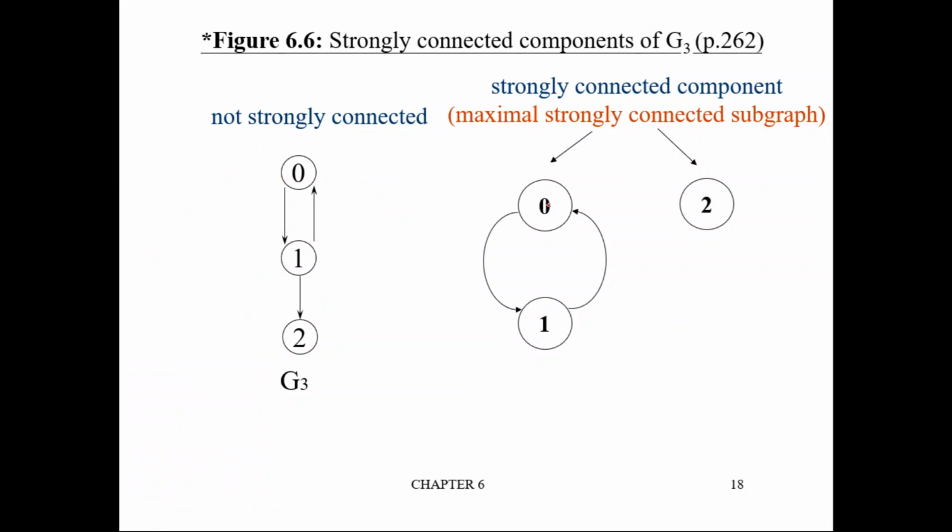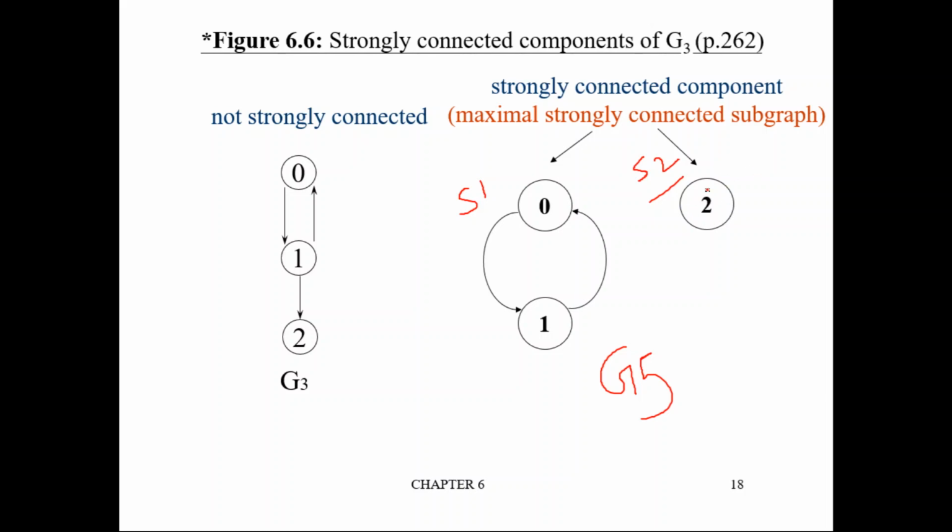But if you take this graph, we can call it G4 or G5, whatever it may be. It's not two different graphs, it's a single graph. But this graph has two subgraphs. This is subgraph 1, this is subgraph 2. Subgraph 1 is strongly connected because it has only two nodes and there is a connection from 0 to 1 and also from 1 to 0. Subgraph 2 is also strongly connected because there is only one node, so there is no other node to have a connection.